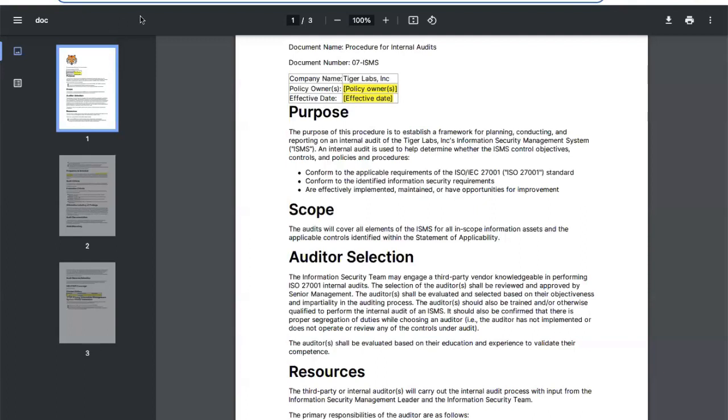ISO has a hard requirement around performing an internal audit, and not only that, but they have some particular prescriptive sub-requirements around what you need to do for the internal audit. All of those are listed in section 9.2.